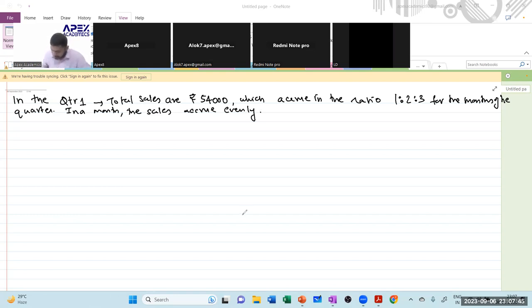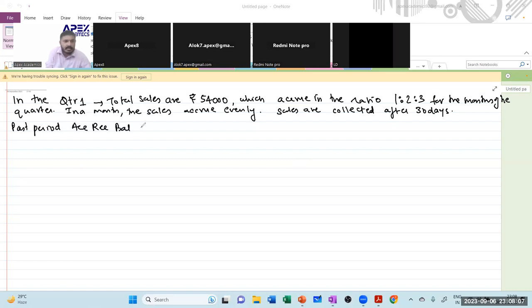Now for collection, sales are collected after 30 days. Past period accounts receivable balance is equal to $100,000.